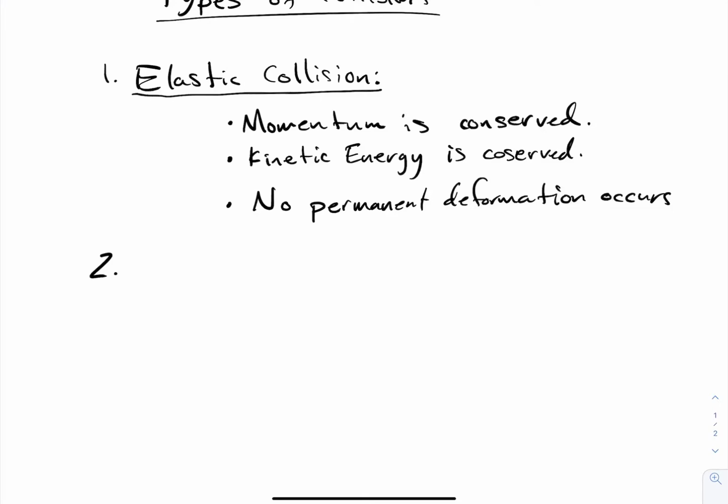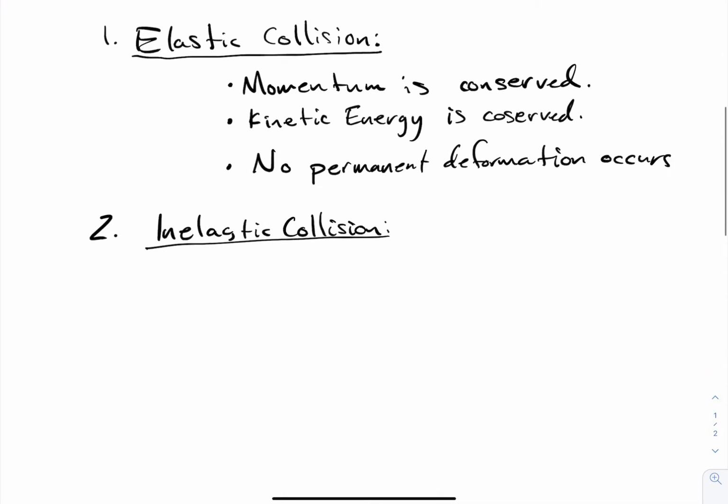The next type of collision is an inelastic collision. Once we talk a little bit more about each of these, I think the bullets will make more sense. I just like to get all your notes down and then we can discuss it. So momentum is conserved. I'm going to start writing momentum like this, and when I define it, that'll make more sense.